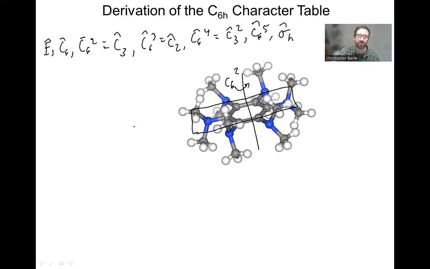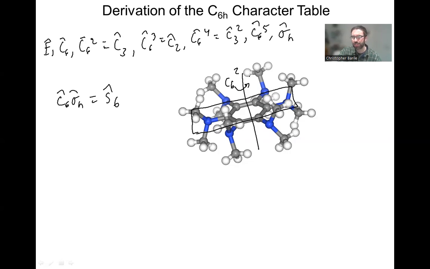From here, we can start deriving other symmetry elements that are mathematically unique using sigma h. We know we have a C6, and so we can do improper rotation axes. A C6 operation followed by sigma h is the definition of an S6.